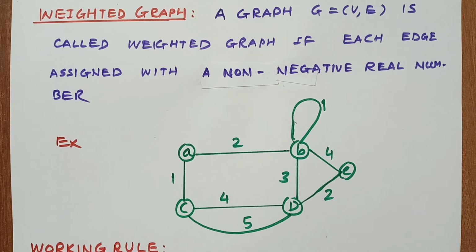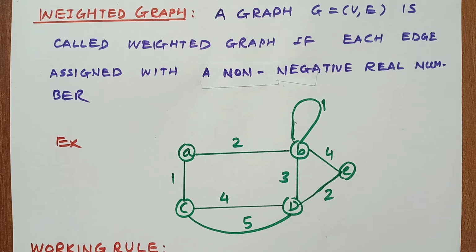Now I want to explain shortest path. From A to E there are so many ways, for example A to B, B to E, or A to C, C to D, D to E. So what is the shortest path?